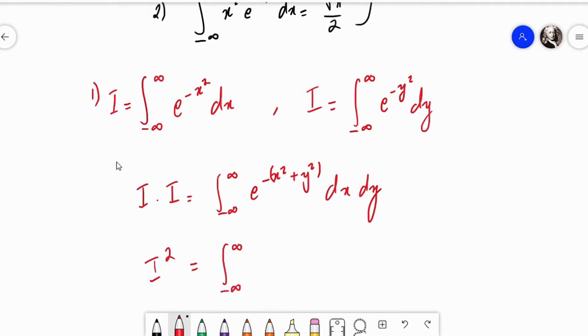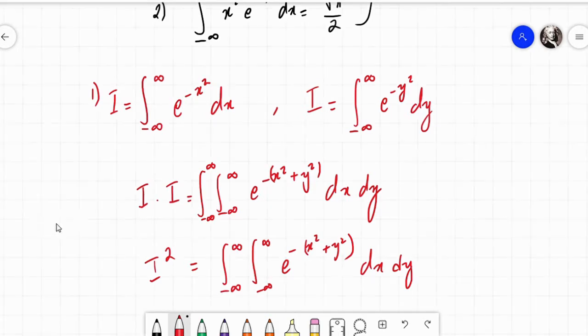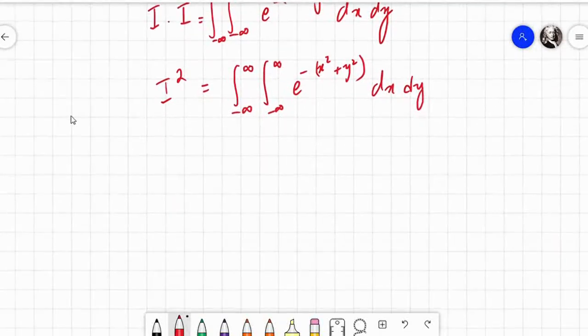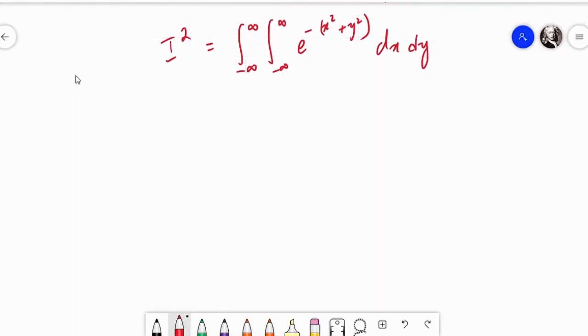I have to write two integrals here, evaluated over two different variables. Now you may be wondering how this is easier, right? We'll see in a minute.